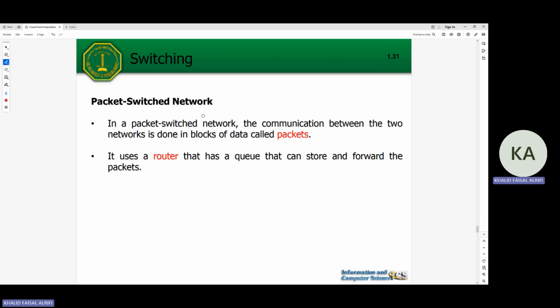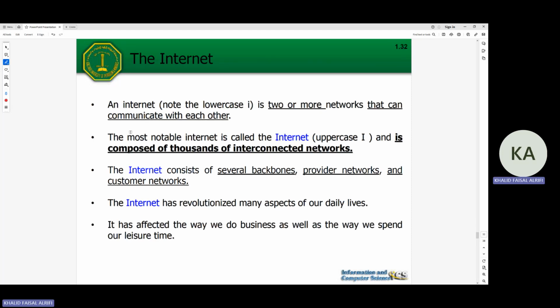In a packet-switched network, the communication between the two networks is done in blocks of data called packets. It uses a router that has a queue that can store and forward the packets. An internet is two or more networks that can communicate with each other.